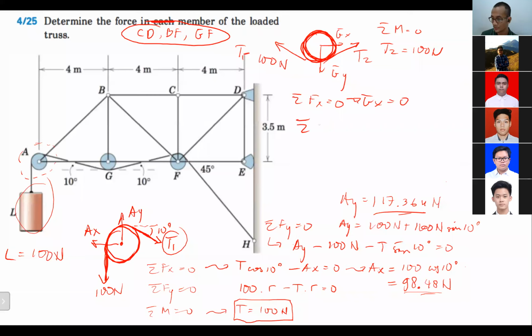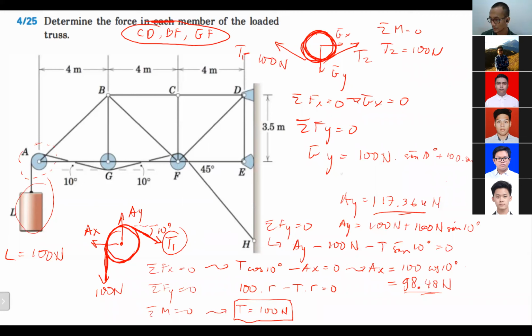Then if we use sigma Fy equal to 0, you have to list out all the equations there. What you will get is GY equal to 100 Newton multiplied by sin 10 degrees plus 100 Newton multiplied by sin 10 degrees.